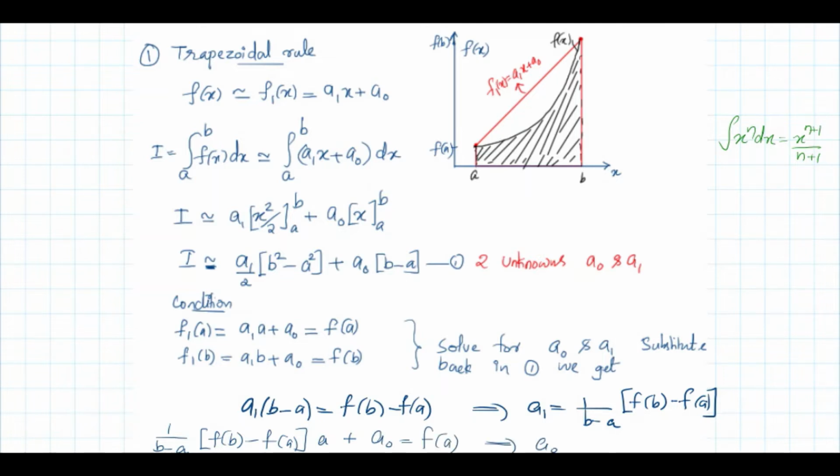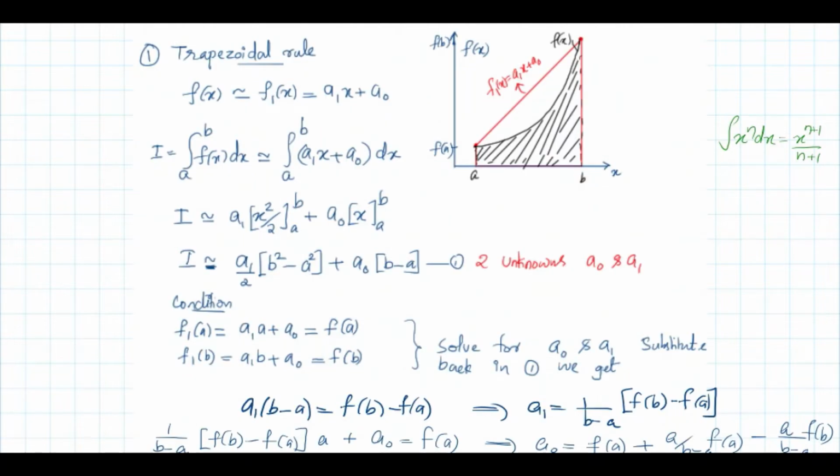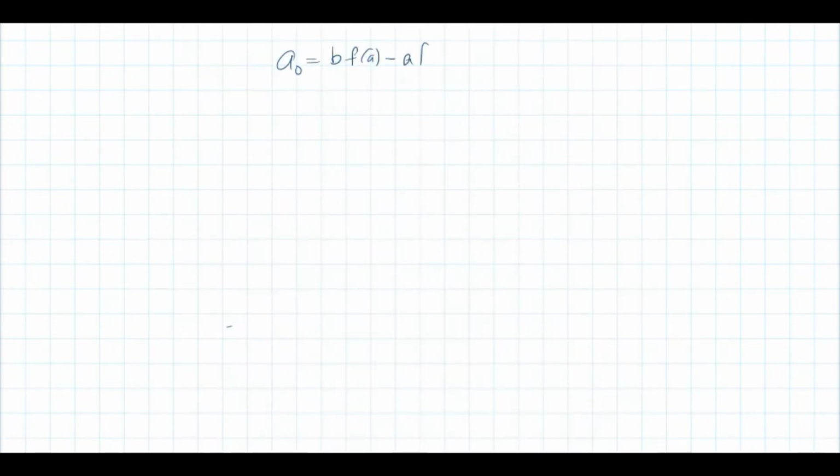That means a0 equals f(a) minus a by (b minus a) into (f(b) minus f(a)). So we get a0 as (b f(a) minus a f(b)) divided by (b minus a).